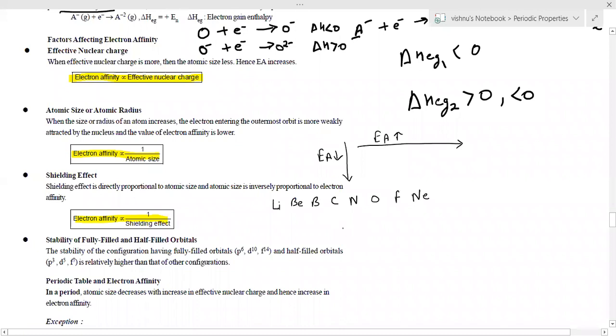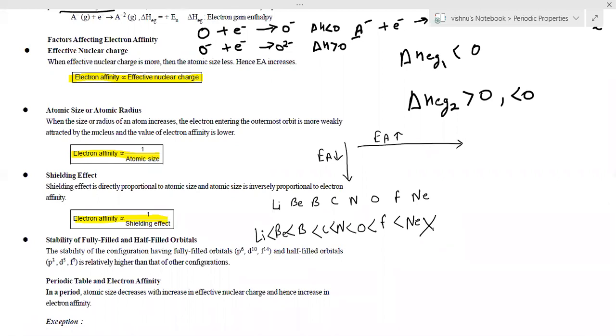According to the general trend, the order should have been neon greater than fluorine, greater than oxygen, greater than nitrogen, greater than carbon, greater than boron, greater than beryllium, greater than lithium. But obviously it is not right, it is wrong. Okay, why is it wrong?